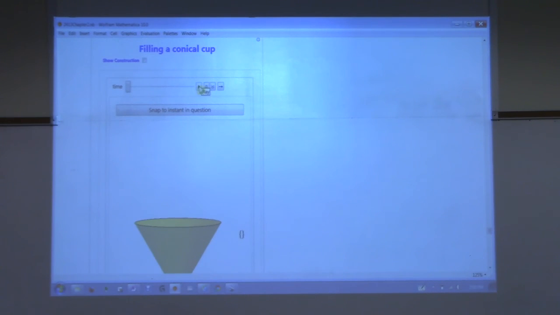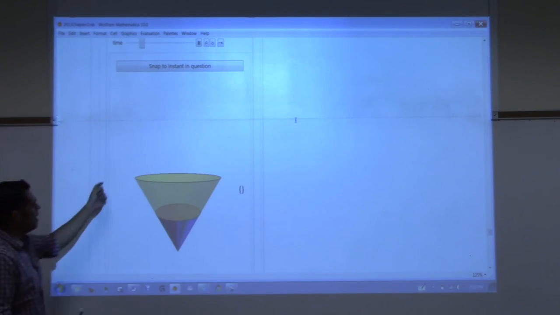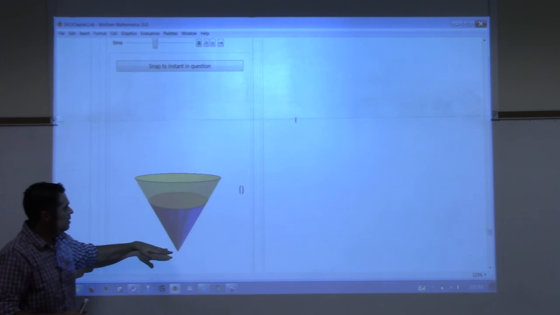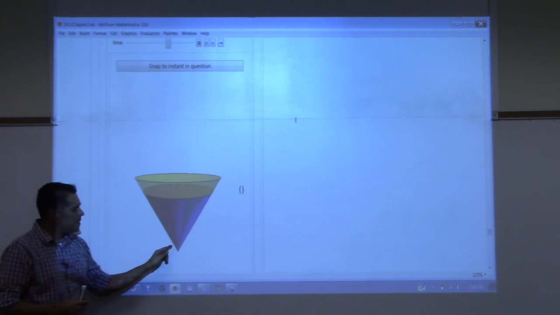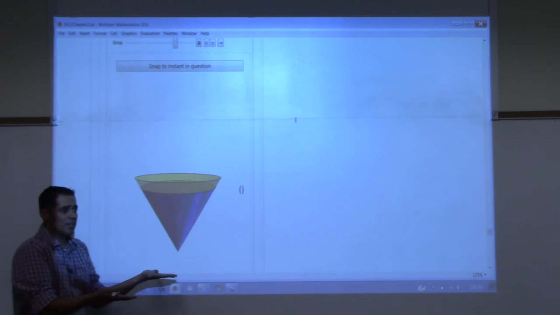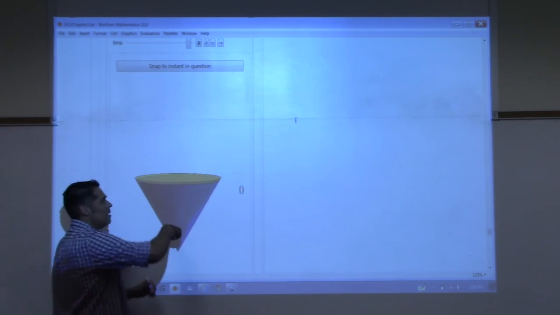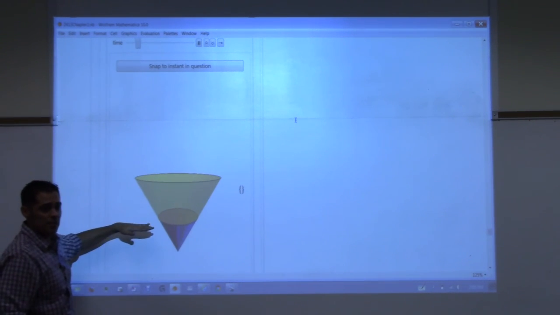Okay, this one is you're filling a funnel. You're pumping a liquid into it at a constant rate. In the very beginning, as it's filling up this portion, it's going to come up very fast, because it's very narrow down here. But as you get to the top, it's spread out, so it slows down as it comes up.